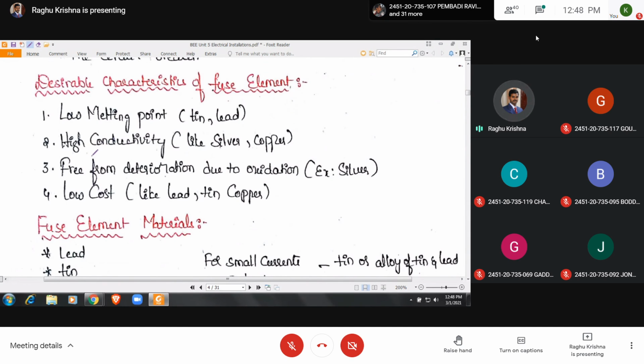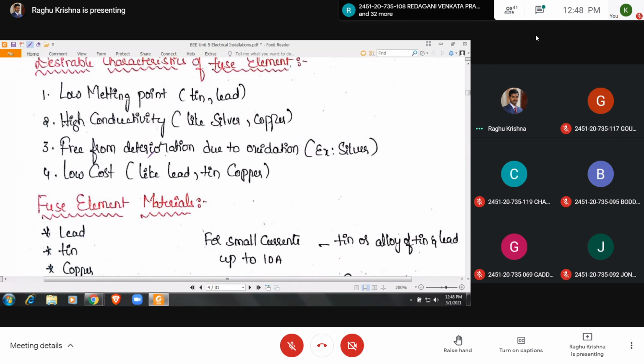Next, high conductivity. It must have high conductivity. Free from deterioration due to oxidation. In our atmosphere we have oxygen, and that oxygen can react with the fuse element. Silver will not react. Low cost. It must have low cost, like lead, tinned copper.